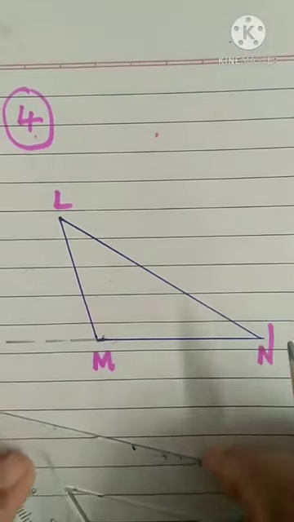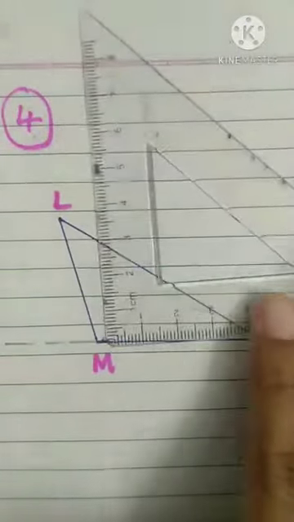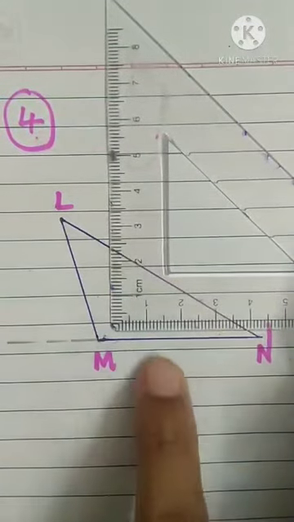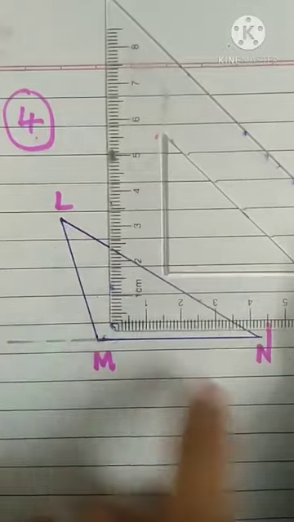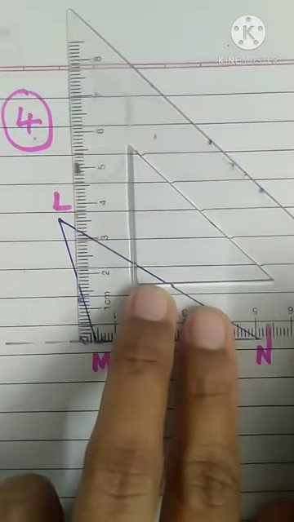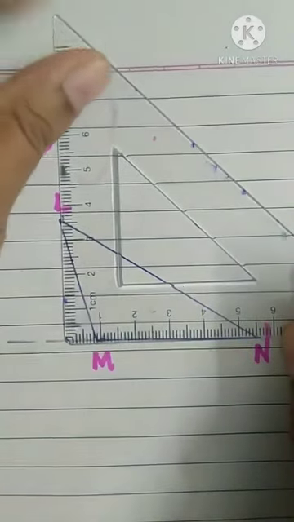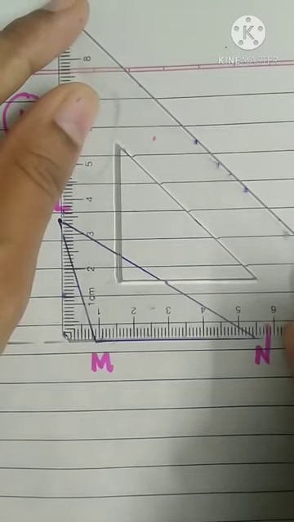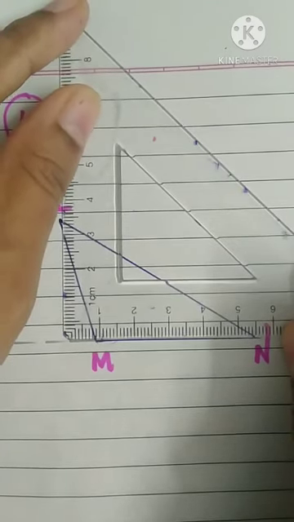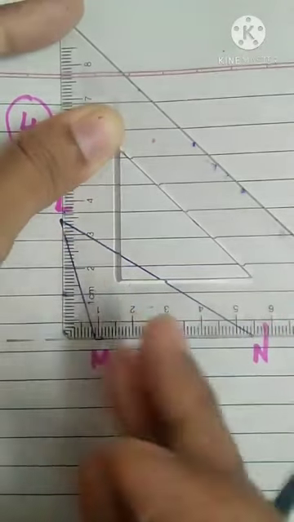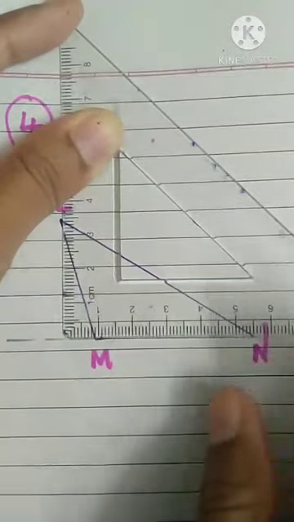How will you draw it? The base of the set square you will keep on MN, and the height should pass through the opposite vertex. MN's opposite is L. So keep it this way. Yes, touched L. Now a little bit of adjustment is remaining. See that the base should be on MN. Understood why I told you to extend it? Because the altitude is coming outside the triangle.